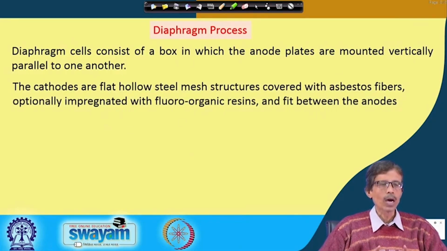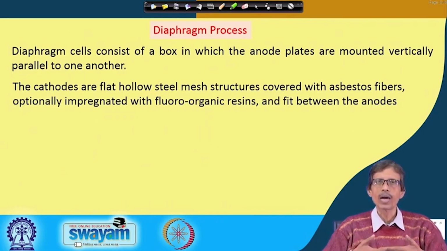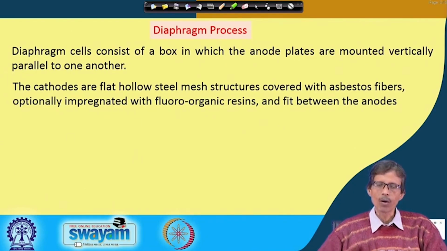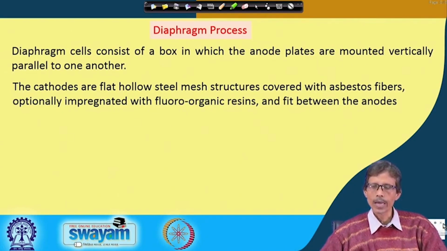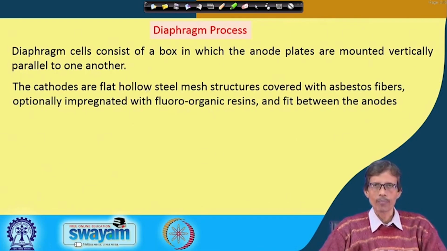The cathodes are flat hollow steel mesh structures. Steel mesh, we all know, is basically a very fine net, and that can also function as a good diaphragm.